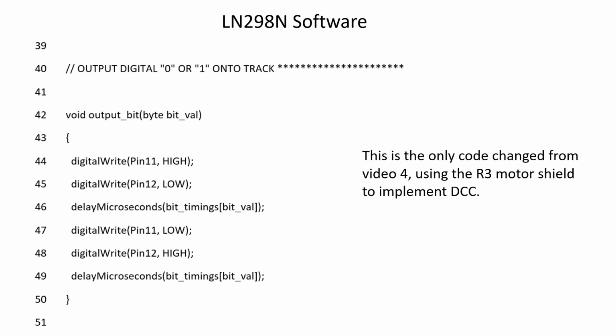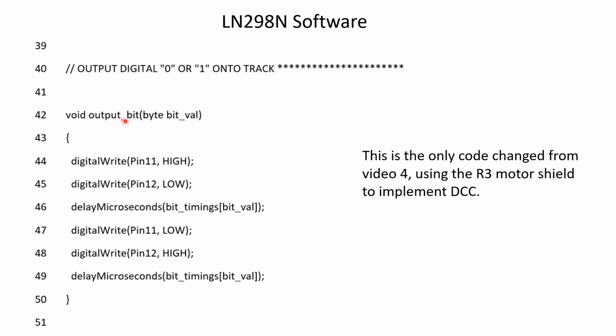Here now is the script that calculates the value to send digital zeros and ones onto the track in DCC form. This is the only part of the code from video 4 which I've needed to change to implement 298 software.